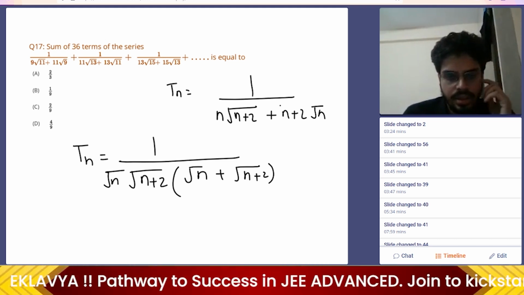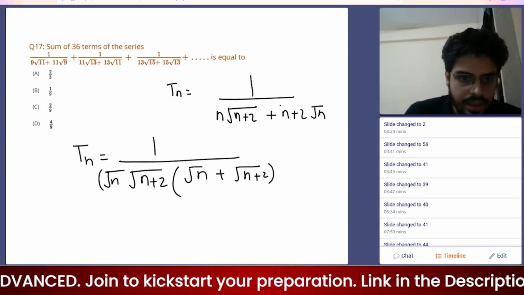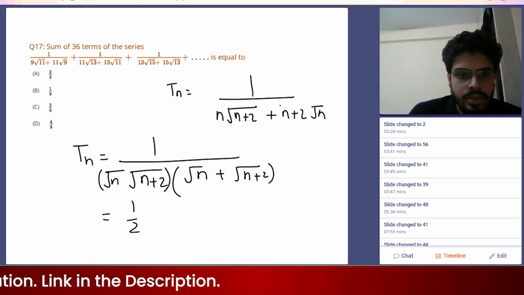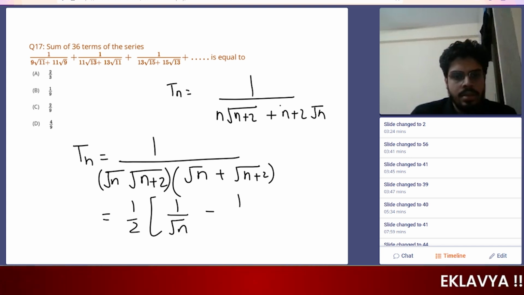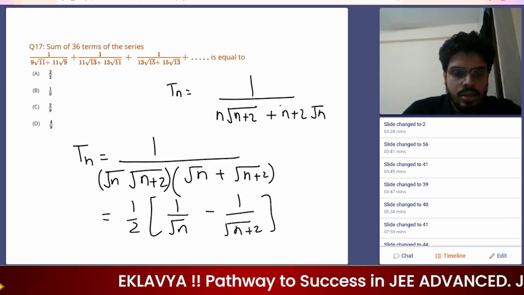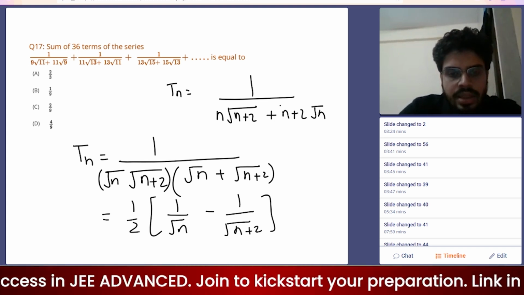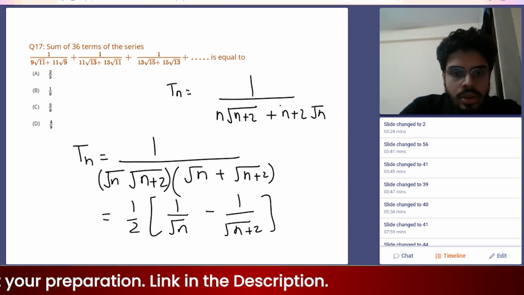Let us try to write like this. If I have 1 by 2 outside, inside I have root n plus 2 minus root n upon root n into root n plus 2.